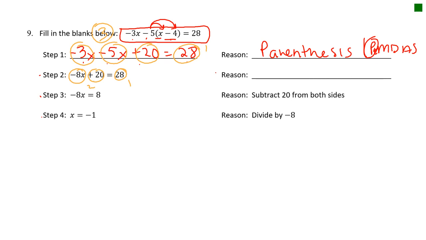Well, what do you notice? 20 stays the same, 28 stays the same, okay? That means that negative 3x minus 5x has to equal negative 8x. That's how they got negative 8x. So you notice that x and x, the reason why they did that is because they combined like terms.